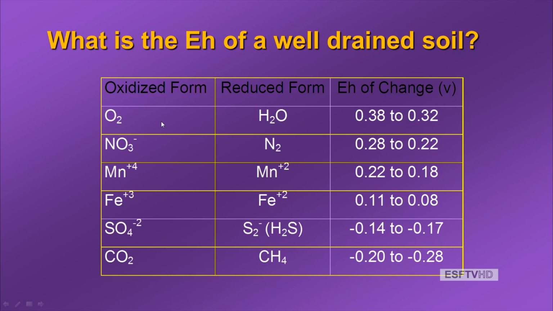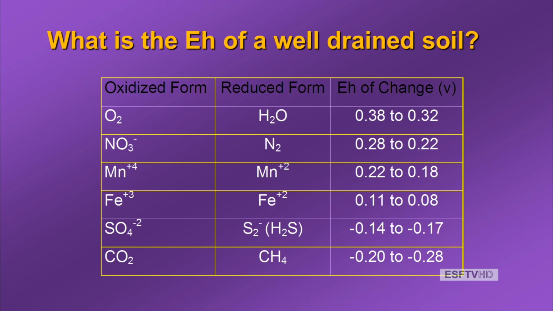Now when we're starting to deplete oxygen, and this starts to run its course, the EH changes from about 0.38 to 0.32. So as you're depleting oxygen, EH is dropping from 0.38 to 0.32. Now eventually all that dissolved oxygen dissipates. It's all reduced. What happens next?